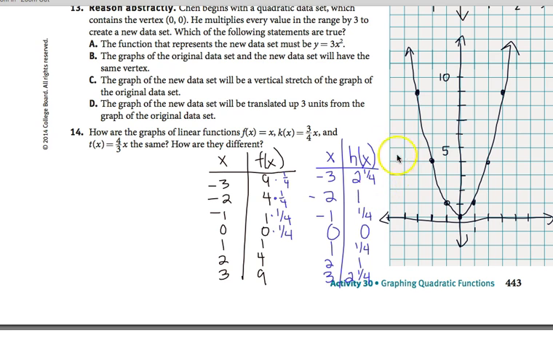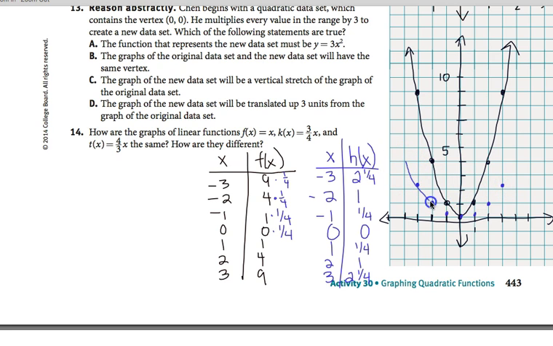And now plot h of x. So -3 and then 2 1/4. 1, 2 1/4 would be just barely above it. Then -2, 1, so right here. -1, 1/4, so just barely above 0. 0, 0, 1, 1/4, 2, 1, and 3, 2 1/4.